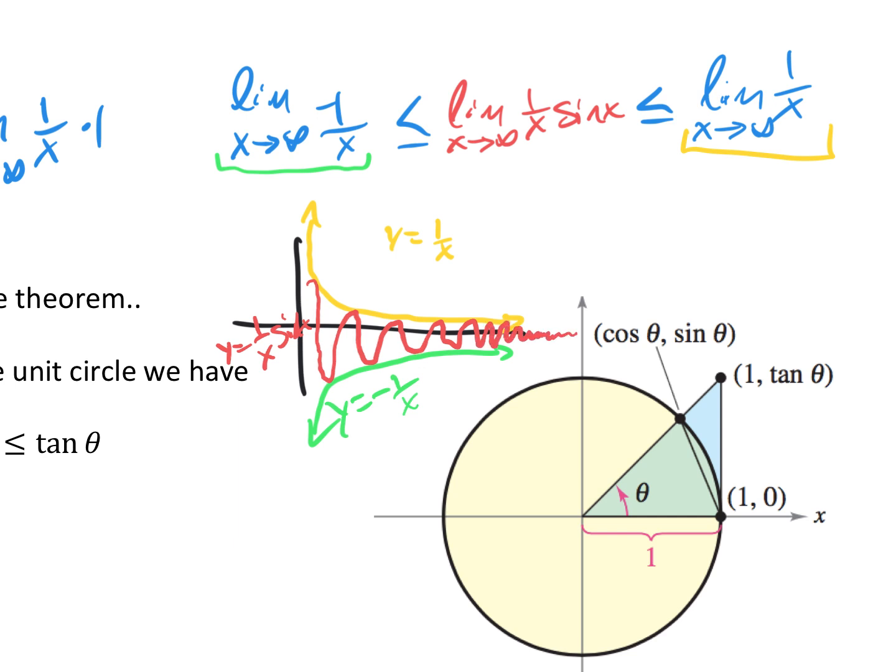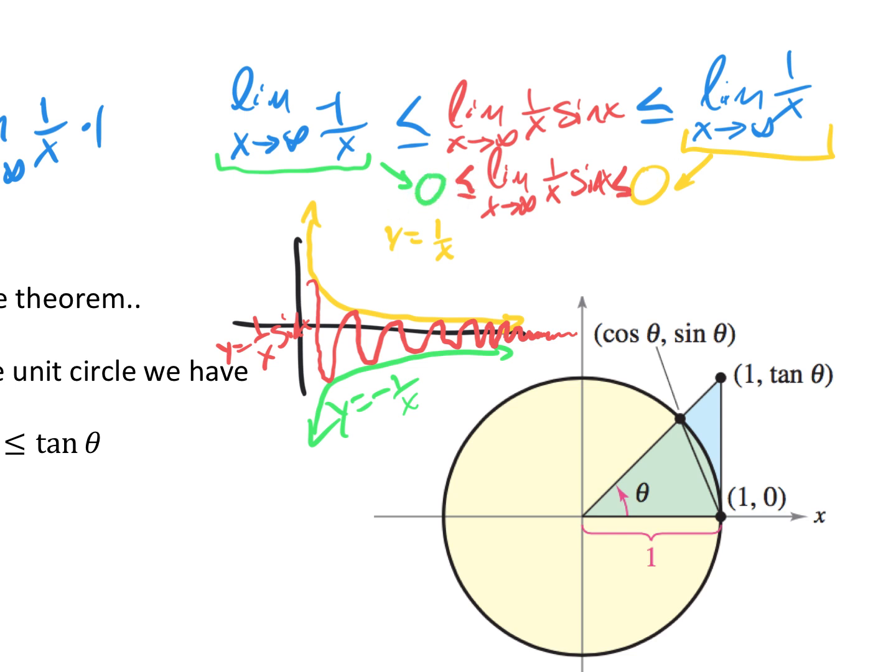And eventually, it just squiggles on down to 0. Okay? So the squeeze theorem says this: as this goes to 0, and as the top one goes to 0, then we know the limit as x goes to infinity of 1 over x sine x is always greater than or equal to 0 and less than or equal to 0.